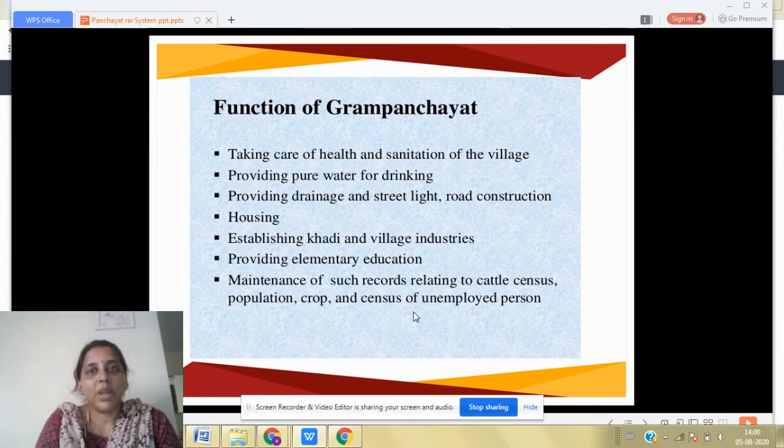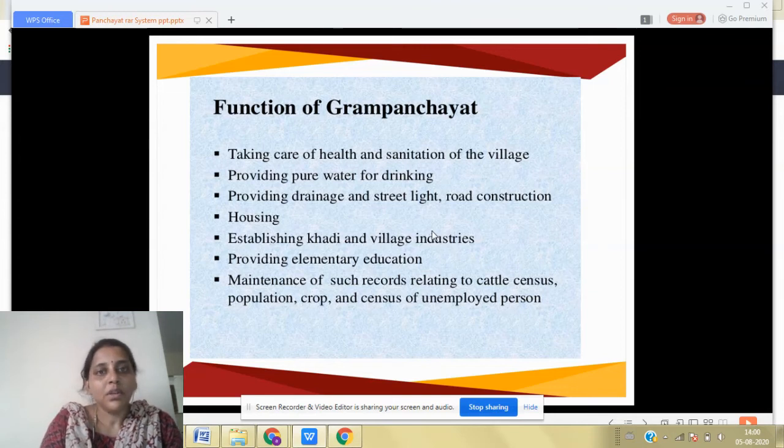What are the functions of Gram Panchayat? Taking care of health and sanitation of the village. Now, why are these members elected? The representatives we elect for the state government or central government do not work here, or are not concerned about the problems of local self-government. Here, the people of that particular area elect their representatives.